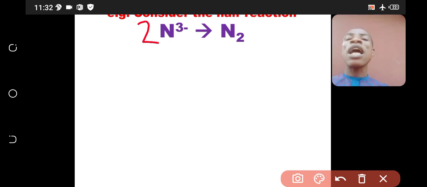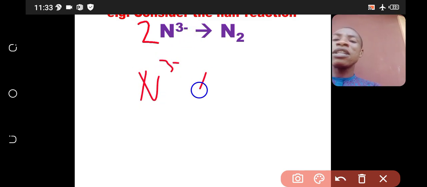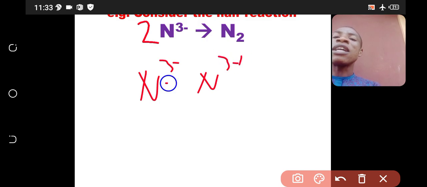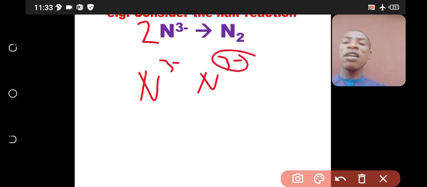Next, that's step 2. Now we balance the charges by putting electrons on the side that is higher. How many charges do we have here? This is 2 times 3. 2N3 minus is like having N3 minus and another N3 minus, so we actually have 6 minus.